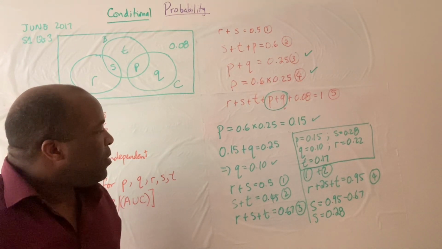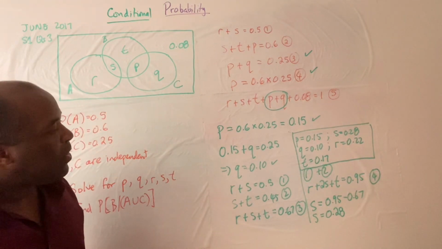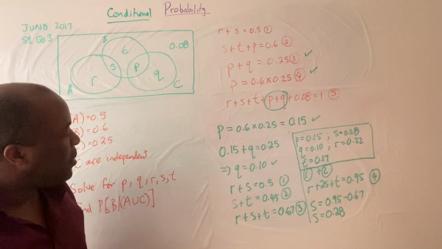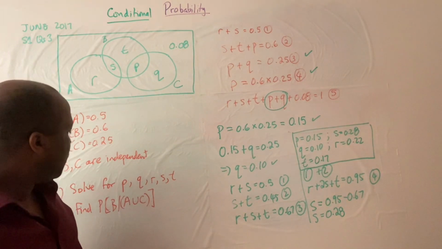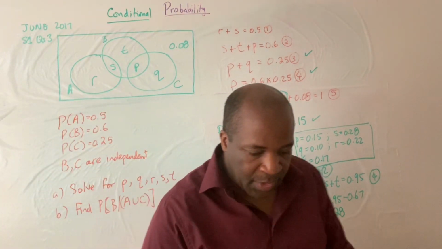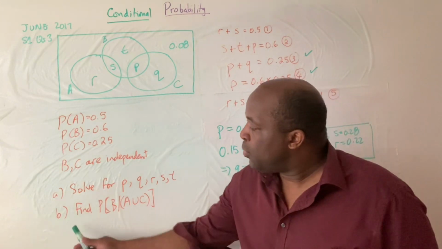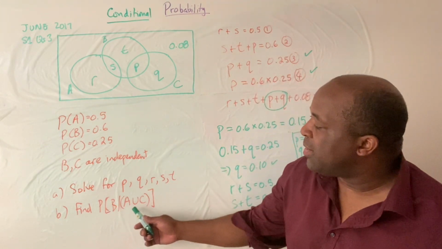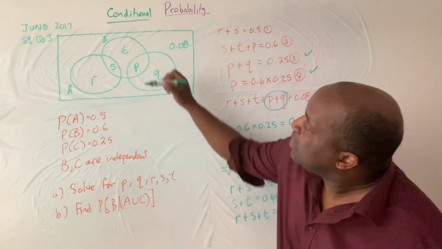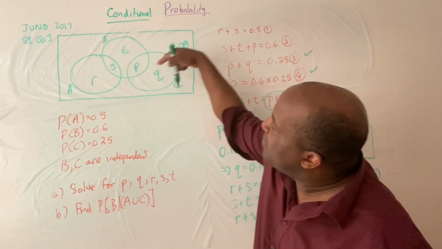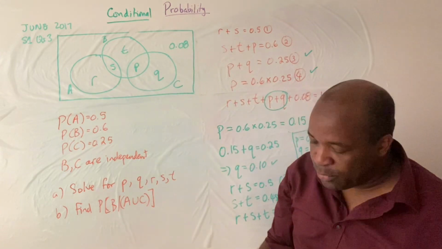So from here, we're going to have a go at evaluating the conditional probability that has been presented to us. Okay, so in part B, we're asked to find the probability of B given A union C.